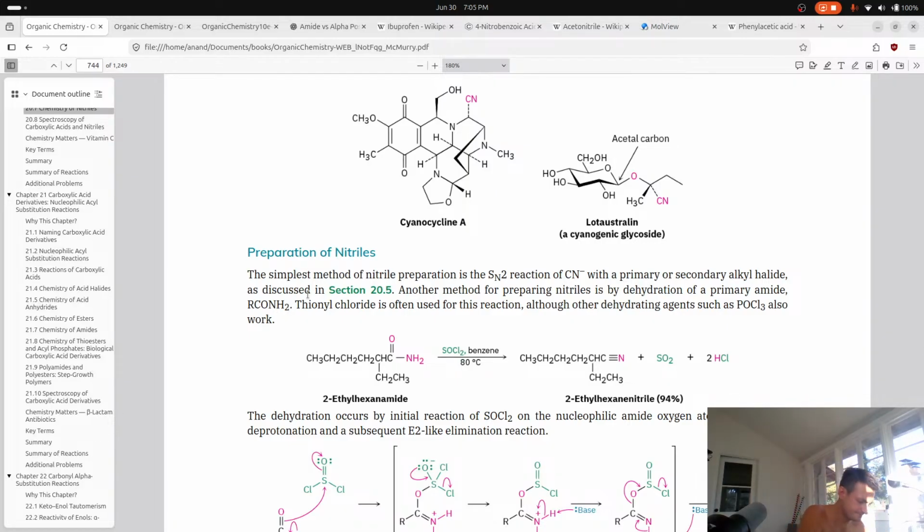So one is just SN2, but a second way is dehydration of a primary amide, RCONH2. Thionyl chloride is often used for this reaction.